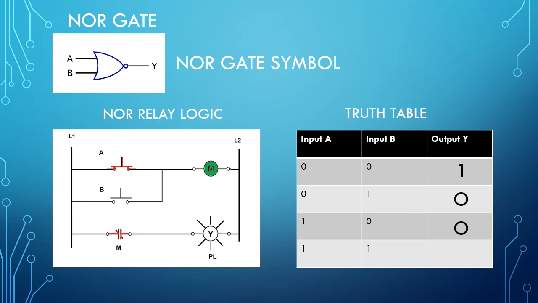Line 1 becomes true, energizing my coil, opening up my M contacts on line 3, turning my light off. If I press A or B, I do not have my light on. So A or B will not result in my light being on.